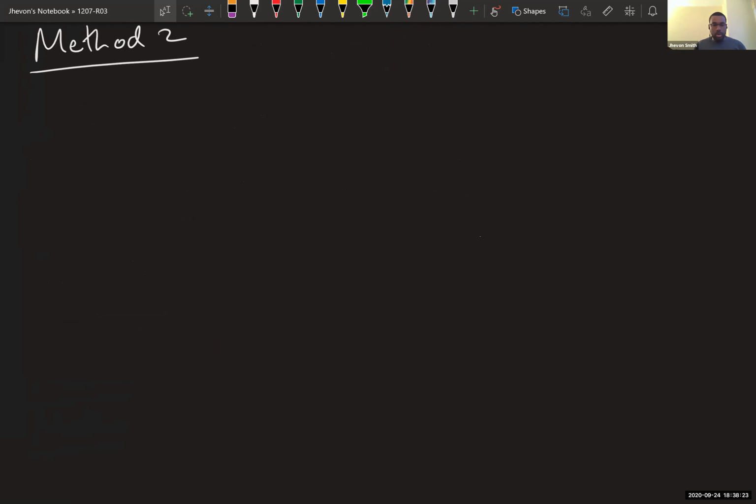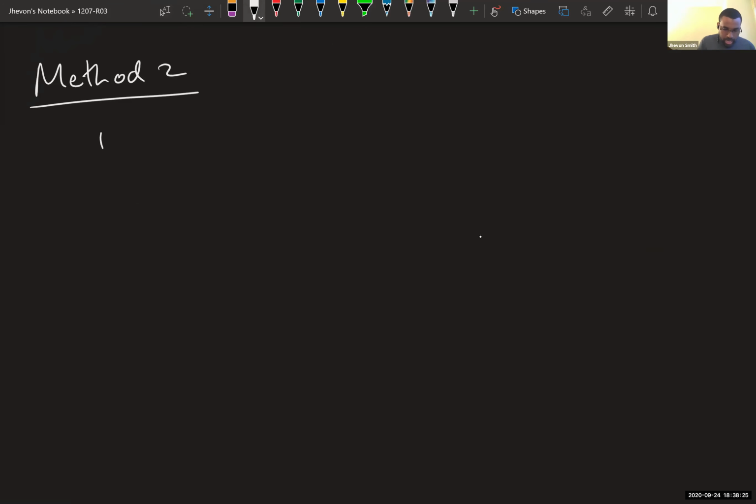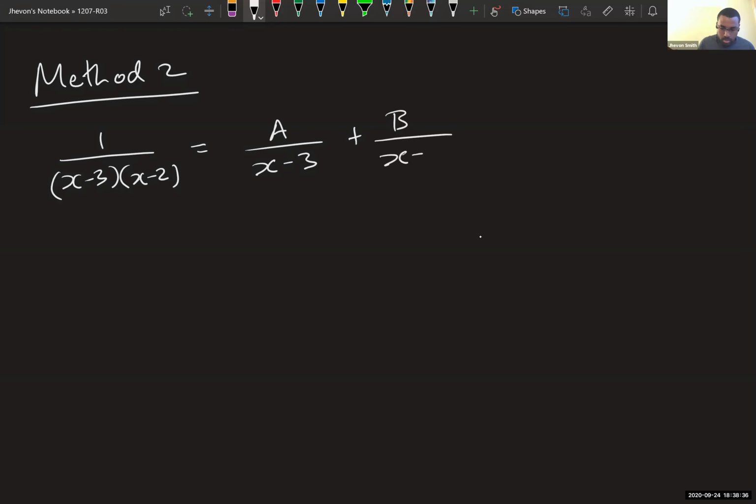There was another option that we could have done. So let's say I had that x minus 3, x minus 2. It starts out pretty much the same as the last method. I can multiply both sides by the denominator on the left.